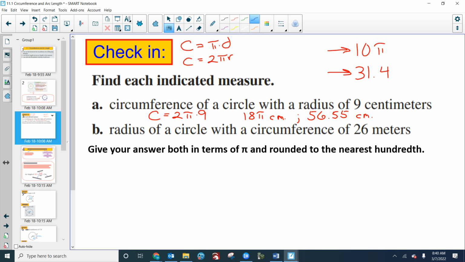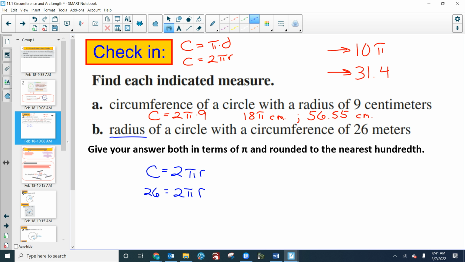Well, they're asking us to find the radius. So isn't C equal to 2 pi r? And what did they give us? The circumference was 26. I'm going to plug in 26 for C and solve for r.